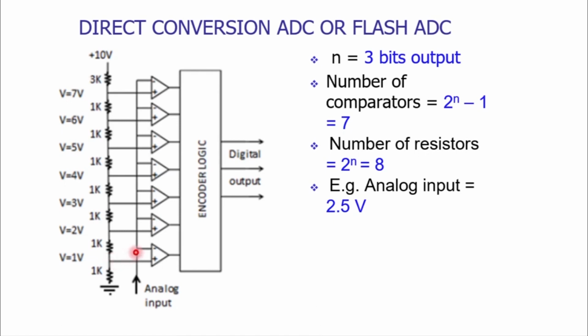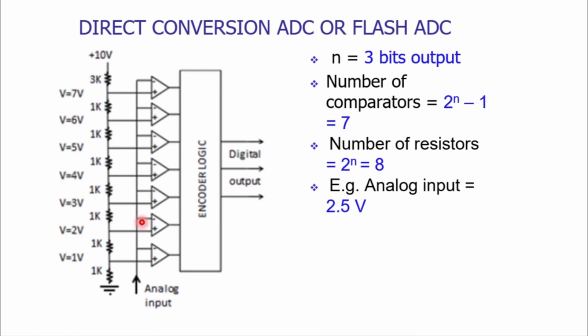We are applying the analog input of 2.5 volts to the inverting terminal of comparator 1. 2.5 volts is more than 1 volt, so the output from comparator 1 would be of high level, that is 1. Now the input will be passed to the second comparator.